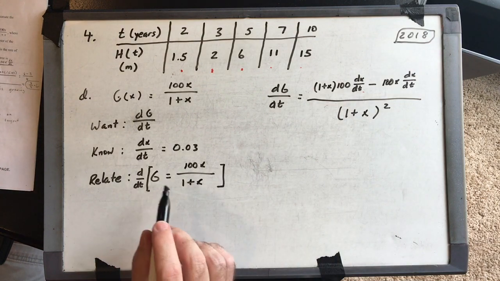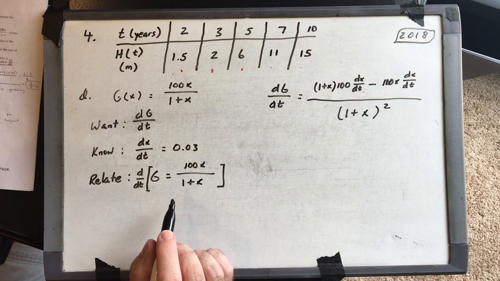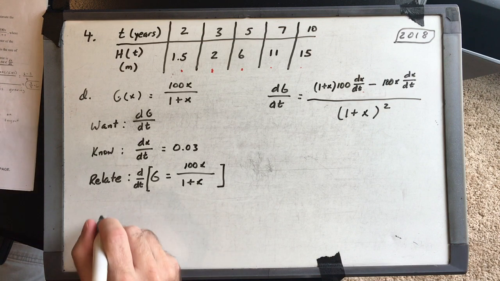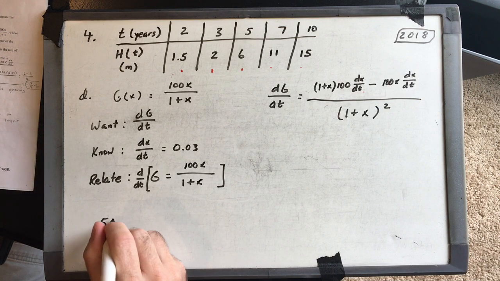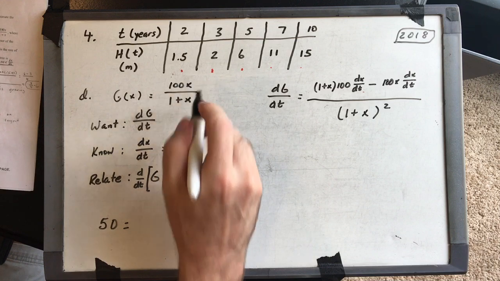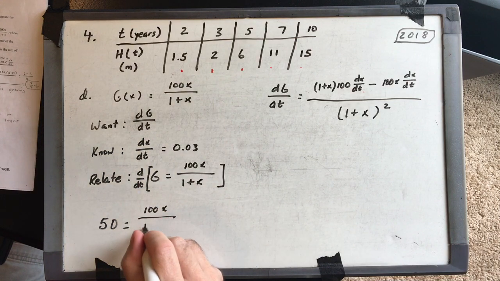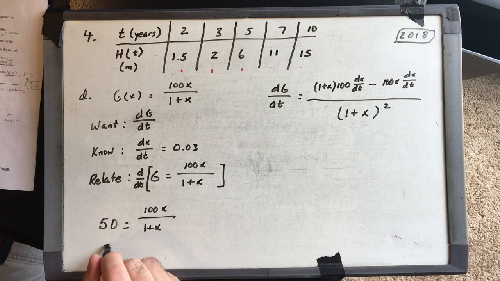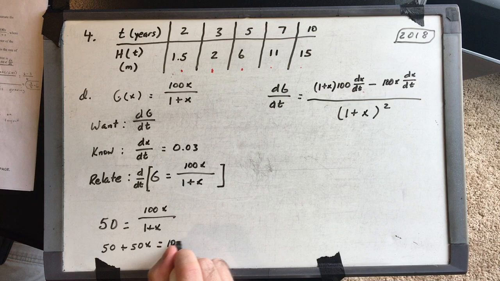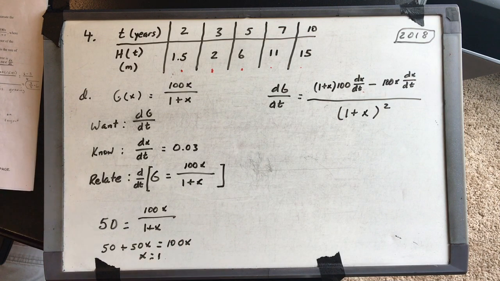We need to get, okay, what is x when the tree is 50 meters tall? We're going to have to solve 50 is equal to 100 times x over 1 plus x. So that's 50 plus 50x is equal to 100x. So x is going to be equal to 1. So I know what to plug in up here.